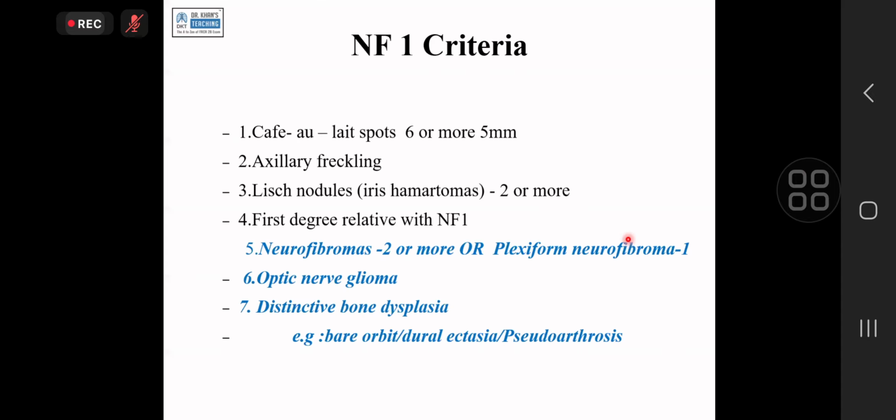Now, please remember, I'm showing you a second case of NF1 in this category, and this is the definition which I will not repeat, but you have to have 2 out of any 7 of these. And one of them is distinct bone dysplasia. We have covered pseudoarthrosis. And look at this one, dural ectasia. And our case was actually dural ectasia.